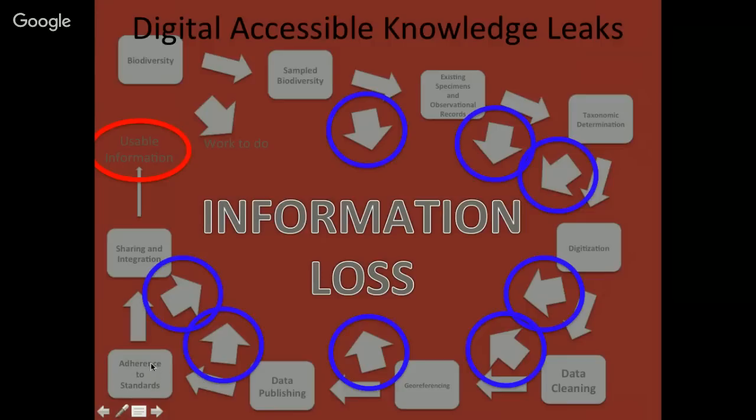Some have been published but not under standard formats and standard protocols, and some have not been integrated. And only the data that survive all of those filters, only those data are usable. All of these arrows that I've circled represent information loss. They're leaks in our data pipeline.